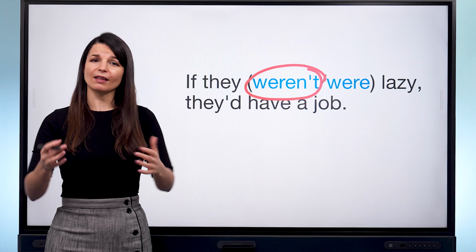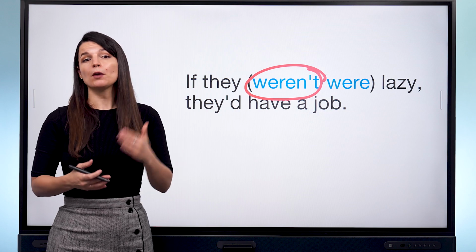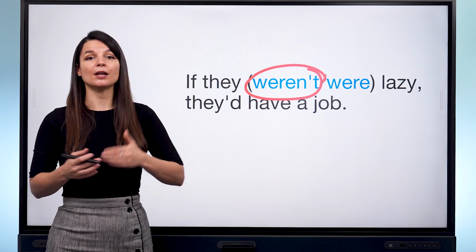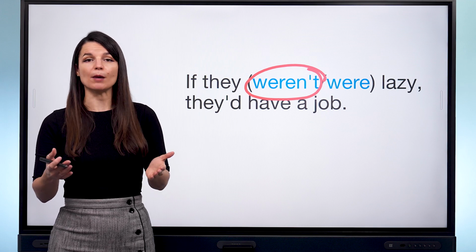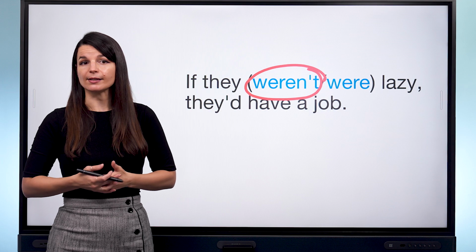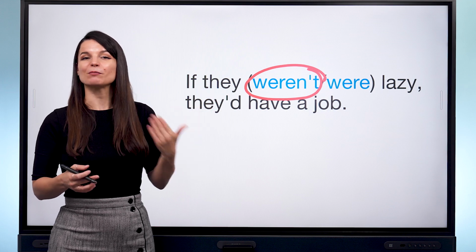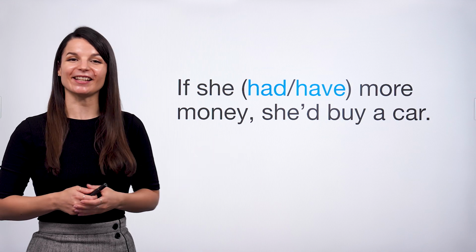If they weren't lazy, they'd have a job. If they were not lazy, they would have a job, and if they were lazy, they would have a job, are both grammatically correct sentences, but only the first makes sense in most situations.